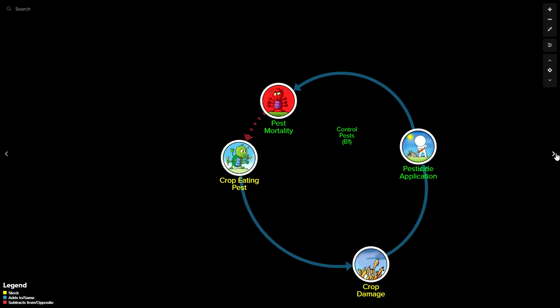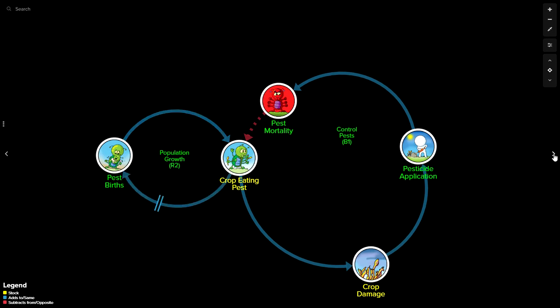And I understand that the number of crop-eating pests increases because of the birth of pests, and that happens because crop-eating pests have births. So I end up with a reinforcing population growth structure here that is contributing to the structure migrating in a direction that I really don't want it to go in.